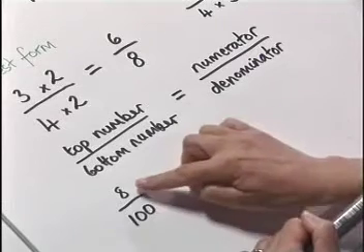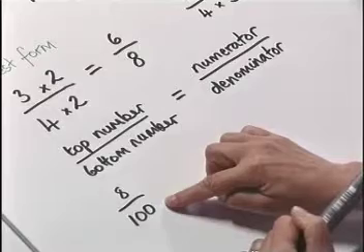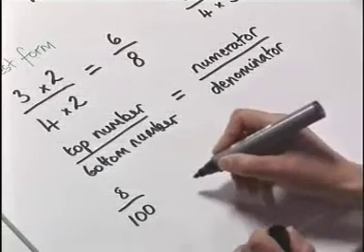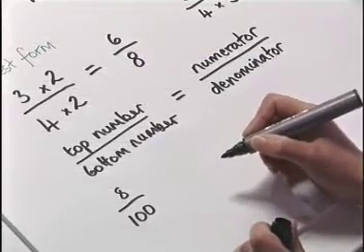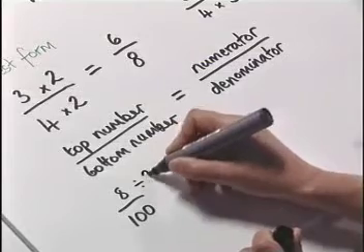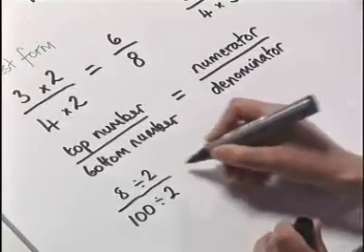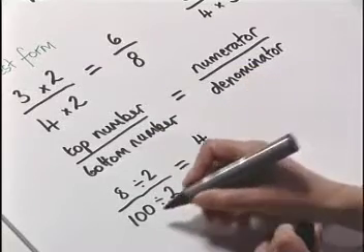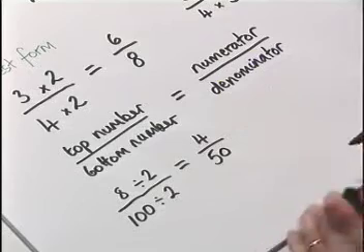Well, if we look at the numbers we have here, 8 and 100, the first thing you should notice is that they're both even numbers. And if they're both even numbers, then obviously we can divide them both by 2. So let's start by dividing the numerator by 2 and the denominator by 2. 8 divided by 2 is 4. 100 divided by 2 is 50.